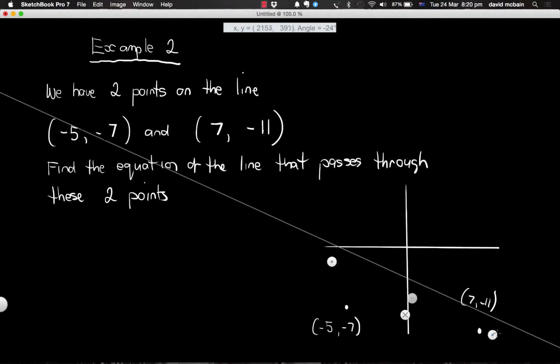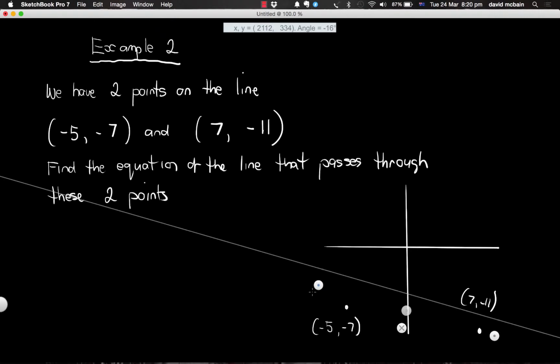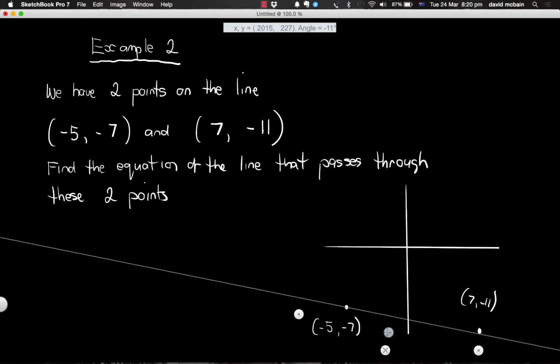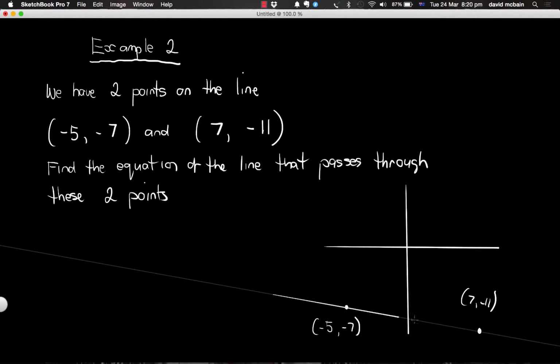So our line, and remember, it's just an approximation. It's just a way of seeing what's going on. So there's something to visualize. That's all. So I think my line's going to do something like that. Okay. So let's see if we can find the equation.